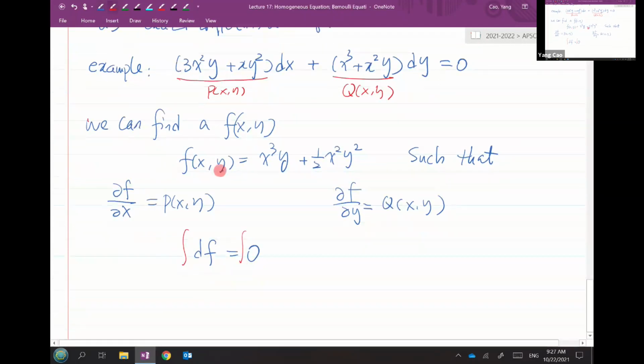You already have the f function here. So you get x cubed y plus 1/2 x squared y squared equal to a constant. And that's it. That's your solution. So you don't have an explicit solution, but you do have an implicit solution here for the y.